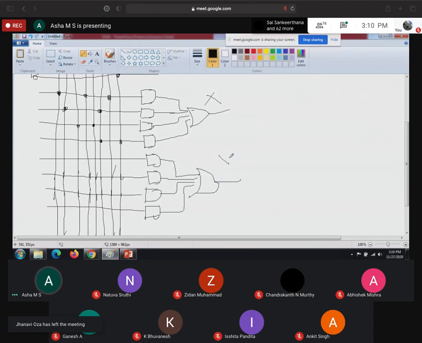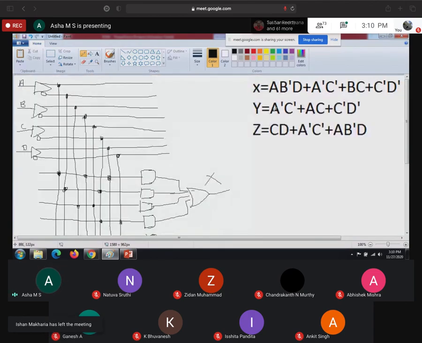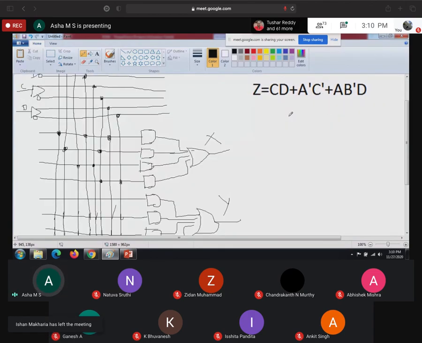This gives me Y. Now make the connection. The first product is A bar, C bar. A bar is here, B bar, C bar. Okay. Next product, AC.